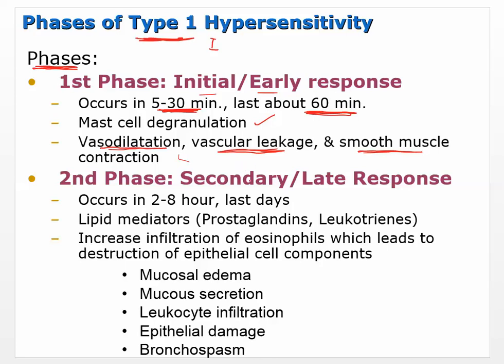One of the things that happens is it triggers the cells to actually start producing other mediators, and we've talked about these. We use this generic term lipid mediators, but those are the prostaglandins and the leukotrienes. Now, I don't have the picture up here anymore, but these guys tend to last a little bit longer, and they tend to take over the role of the first mast cell degranulation.